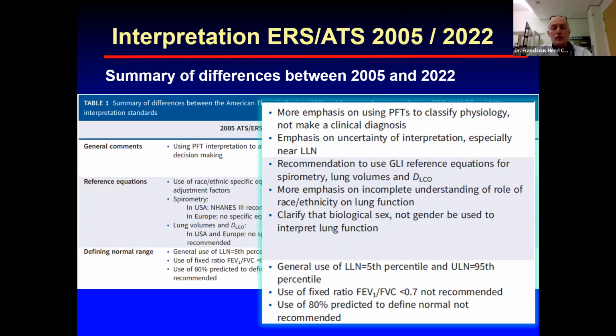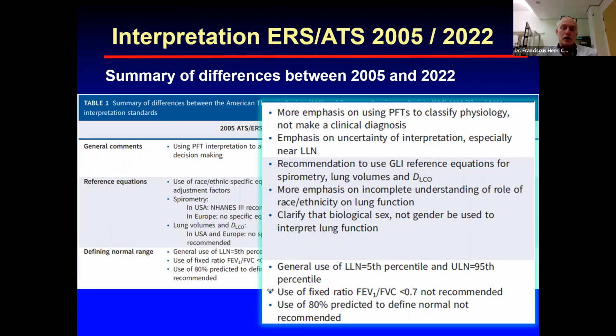No, I think you summarized it quite well. As you can indeed see in this slide on the 4th bullet point, more emphasis on incomplete understanding for race and ethnicity. And as stated in this Blue Journal article, which just came out, nowadays it becomes very difficult sometimes to see what the ethnicity of a person might be. I do know an example in my lab about a month ago.